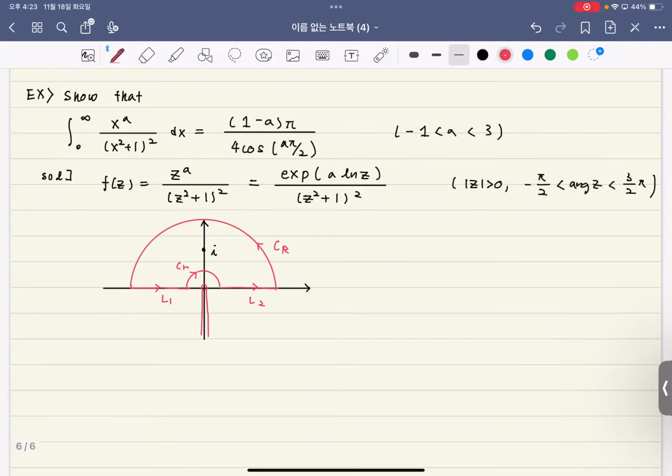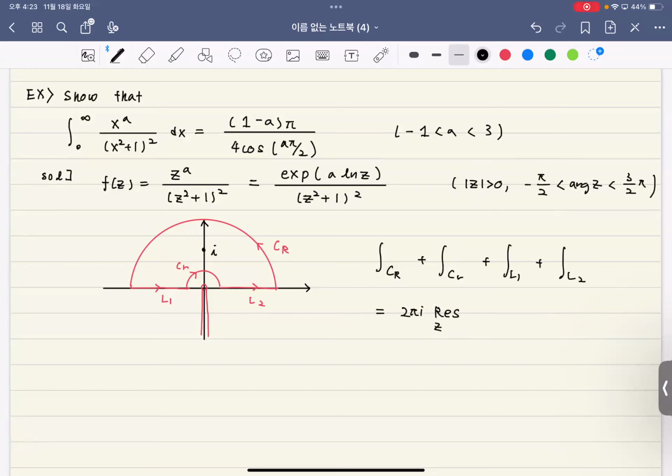So the integral over C_R plus C_r plus L1 and L2 is just 2 pi i times the residue of f at z equals 2i. Well, this is just tedious computation, so I already computed the residue for you.